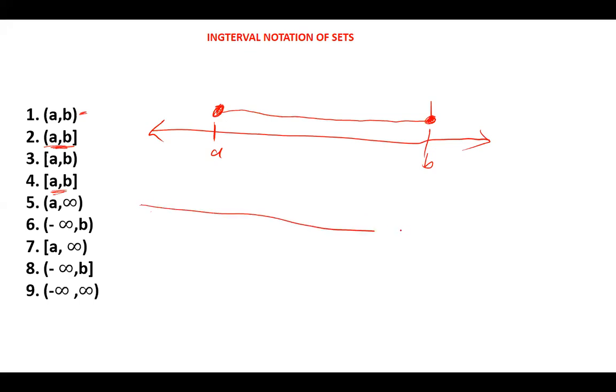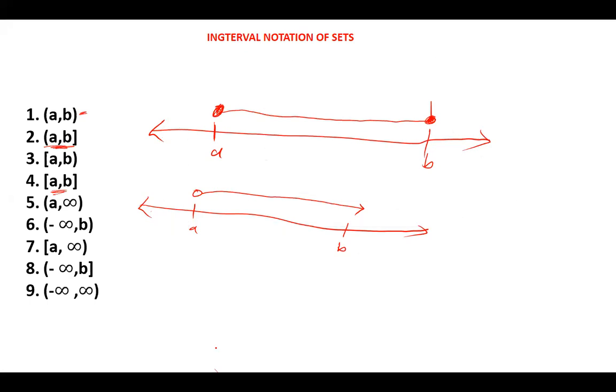We put A there, we put B there. We're saying it's open at A and then goes up to positive infinity. So just draw this and put that symbol to show that it continues to go.